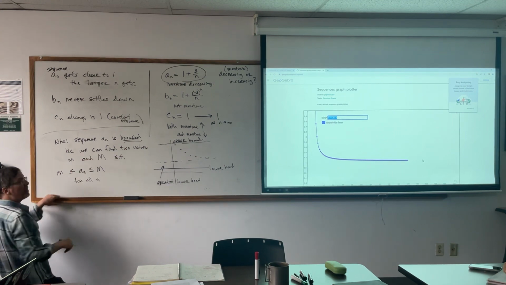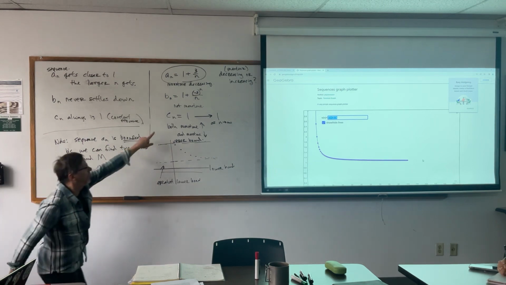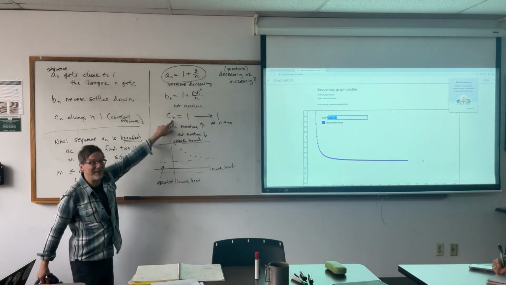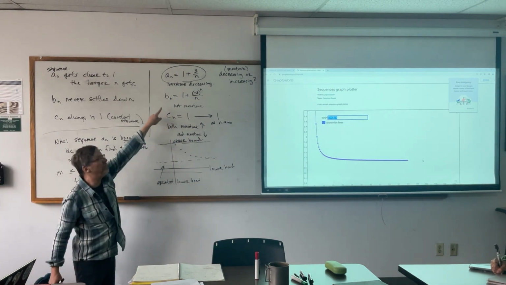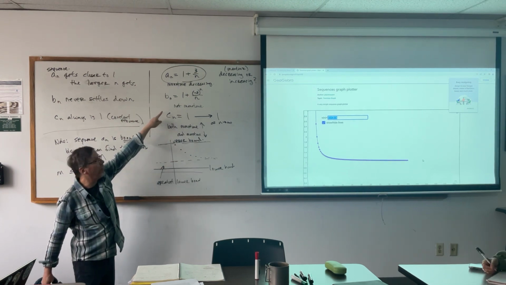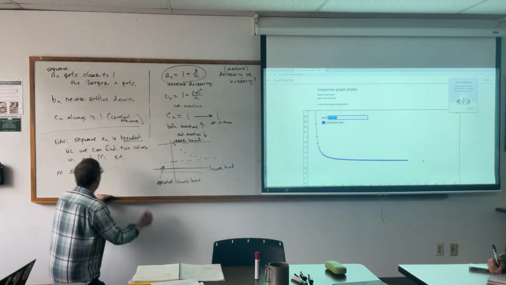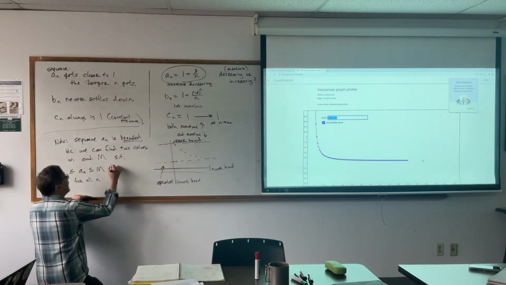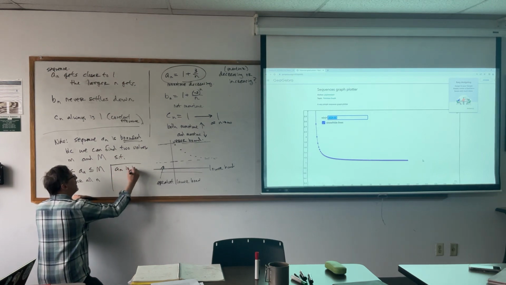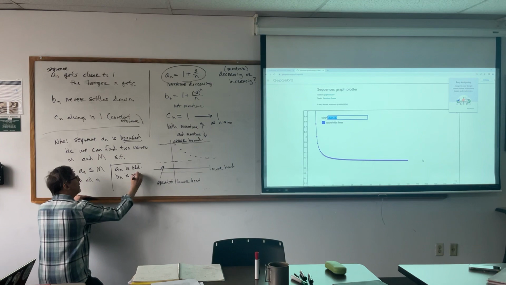Is C sub n bounded? So look at this one here. Is this guy bounded? That guy's bounded, right? Is B, the middle one, bounded? That is not bounded. That one just keeps getting bigger and bigger. It oscillates to and fro. So a sub n is bounded. b sub n is not bounded.